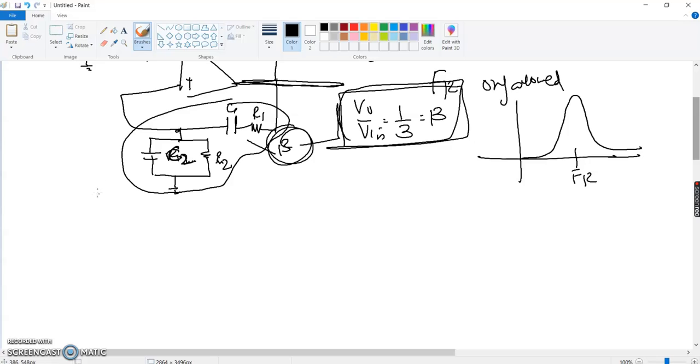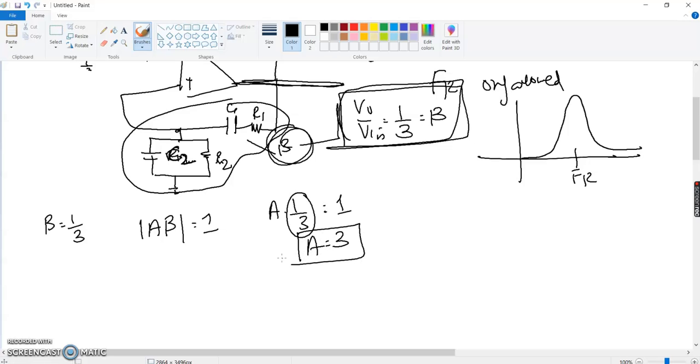Now, if I have a beta value of 1 over 3, I know that for the oscillator to be stable and keep on running for a longer time, I should have the A beta value equal to 1, right? So from this equation, I can actually figure out the value of A. So this is A times 1 over 3, which is fixed for beta, should be equal to 1. So the gain of the op amp should be equal to 3 from this equation.